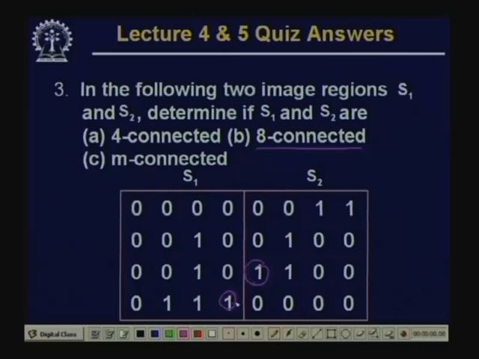And at the same time, these points are also connected in the M connected sense, because there is no common 4 neighbor of this point and this point. So, you can say that these image regions S1 and S2 are both 8 connected as well as M connected, but they are not 4 connected.